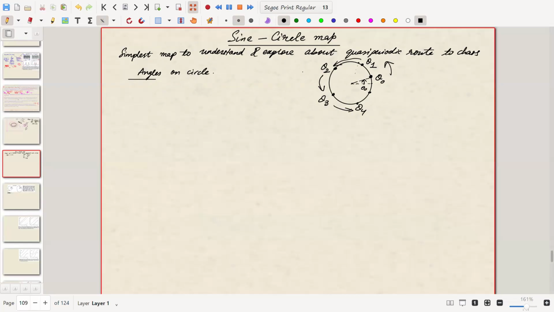Suppose the map which takes the angle theta naught to theta 1 is represented by f.